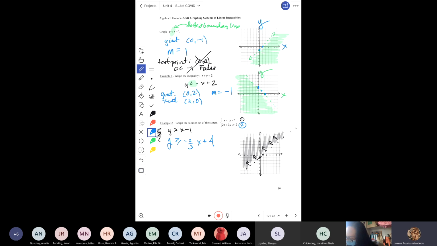For the second one, let's go ahead and plot the y-intercept. Down 2, to the right 3. Solid. And am I shading down and to the left or up and to the right?